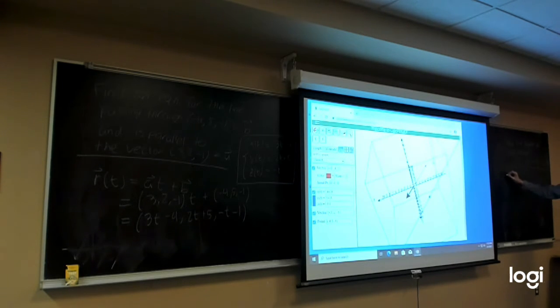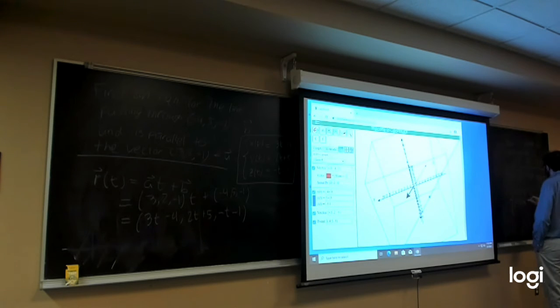What we would actually get is that our r of t would now be <-6, -4, 2> t plus our vector b, <-4, 5, -1>. Which, when all is said and done, would lead us to these parametric equations. x of t is -6t minus 4. y of t is equal to -4t plus 5. And z of t is 2t minus 1.